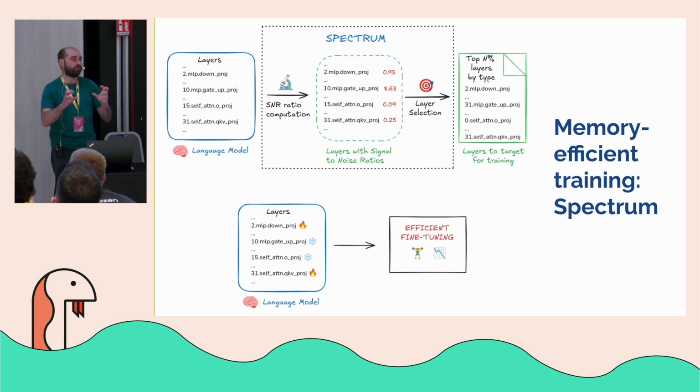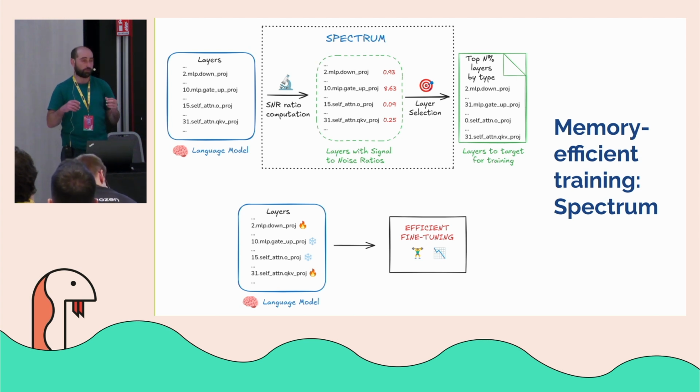Once you have identified the most important parts of your model, you freeze all your model except for the parameters identified by Spectrum.